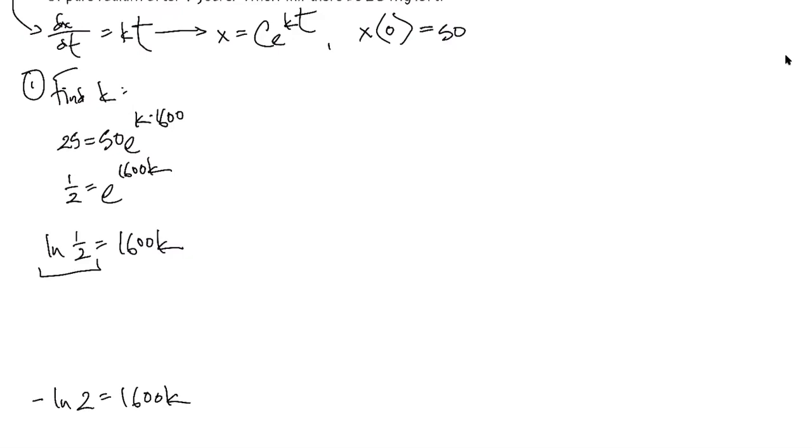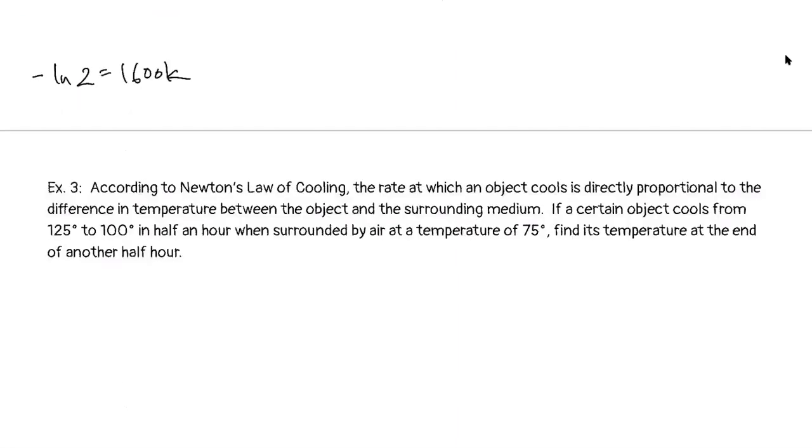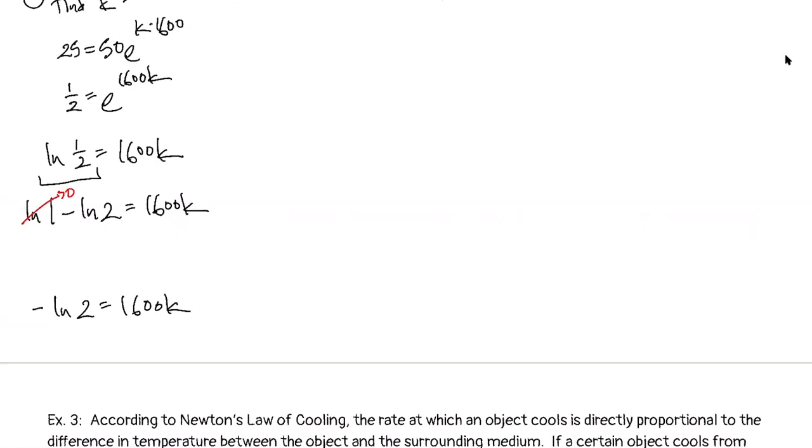But let's figure out how they got that. So they applied the quotient property for logs, which means log of the numerator minus log of the denominator. Right? And then nice value to know, natural log of 1 is? 0. Yeah, 0. So when we simplify this, we get 0 minus natural log 2 equals 1600k. And that's why a lot of folks tend to use negative natural log of 2 instead of natural log of 1/2. Okay.